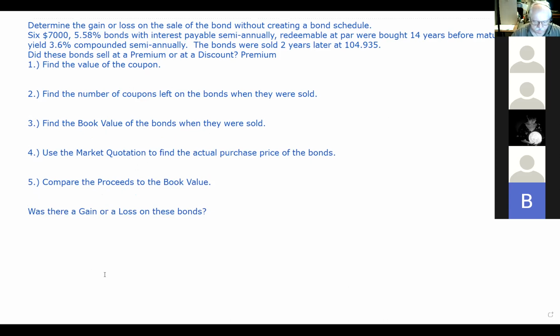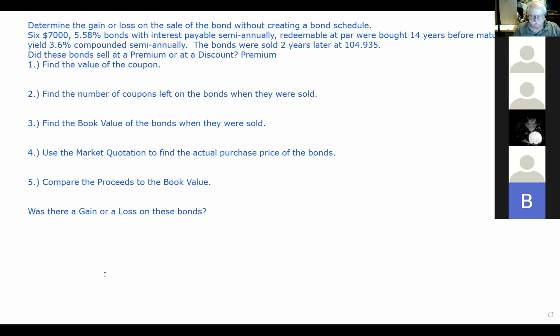So let's take a look at this. Determine the gain or loss on the sale of the bond without creating a bond schedule. And again, you want to look at this sheet of instructions here because I have various things on here that apply directly to the questions you're being asked.